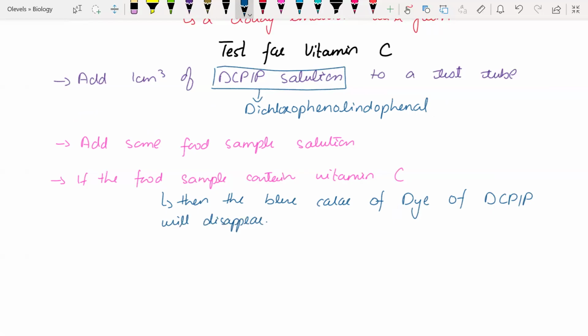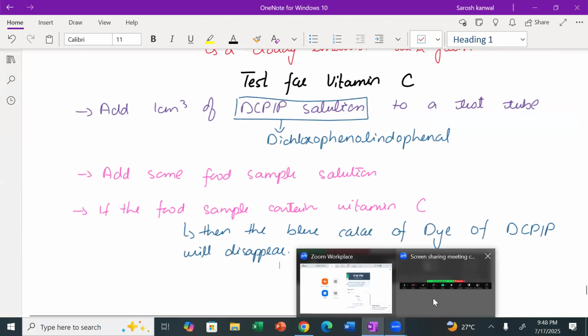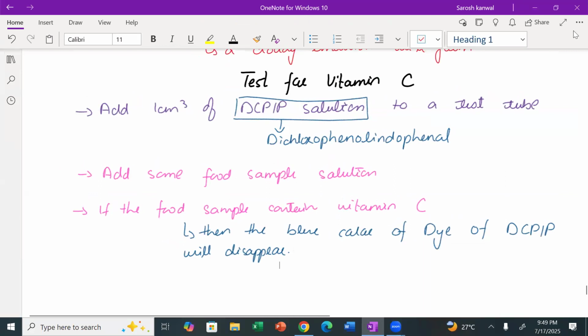So the blue color of the dye changes or disappears. That is how you can detect the vitamin C presence in the food sample. Is that clear? So these were, I guess, 5 practicals that were related to this chapter named biological molecules.